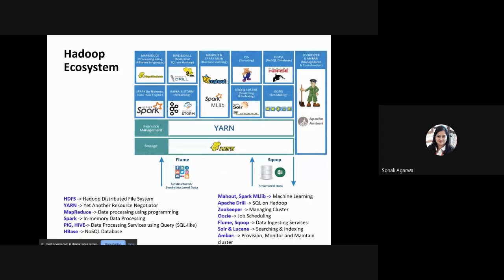Then there are many supporting services. For example, if we want to perform some search in certain repositories which follow the HDFS format, there is a very dedicated searching and indexing mechanism, very popular in information retrieval systems, that is Solr and Lucene. So they are basically a way to search among different documents to get the desired result.